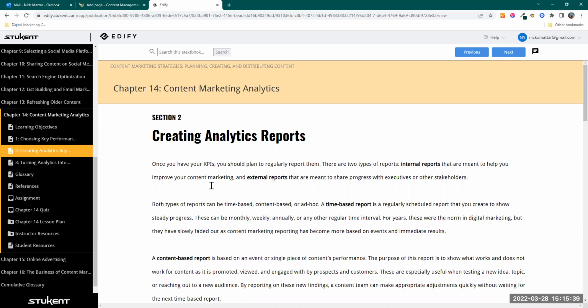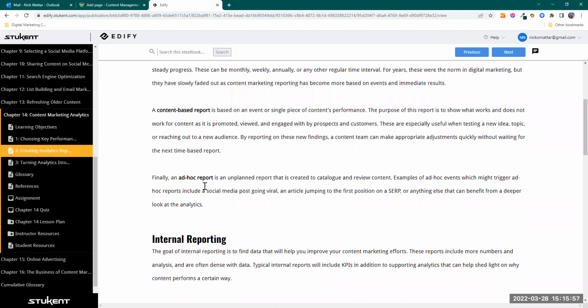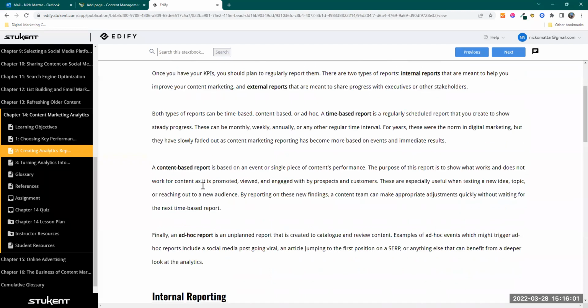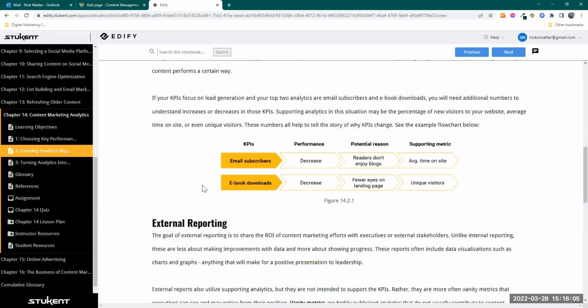I mentioned before, my ability to move up in the world of digital marketing was first and foremost thanks to my ability to think analytically and report analytically. So being able to look at these different reports and understand how they work is really critical. For the quiz, there's only a couple of questions. For the exam, there will be several questions on this specific section. So please think these through and understand this section in particular.